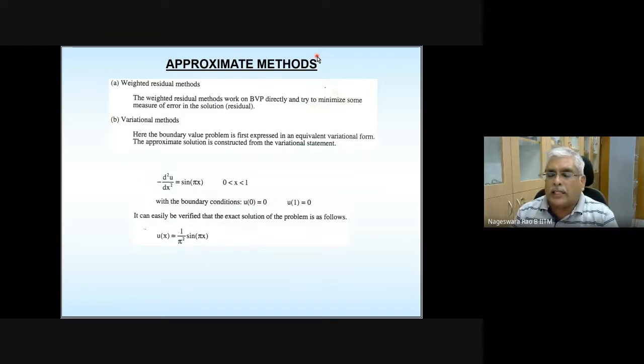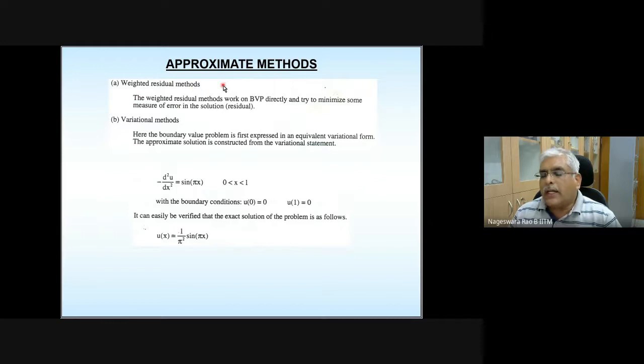One is the variational approach, another is the Galerkin approach. Even these classical methods are based on these two approaches. The Galerkin approach is nothing but weighted residual, or it falls under the category of weighted residual methods. Weighted residual methods and variational methods. Please take a note of this.